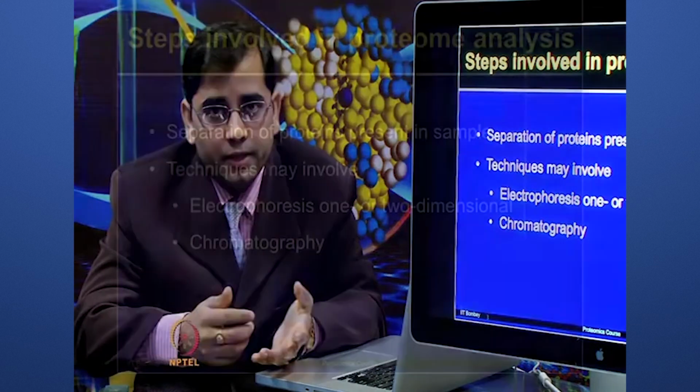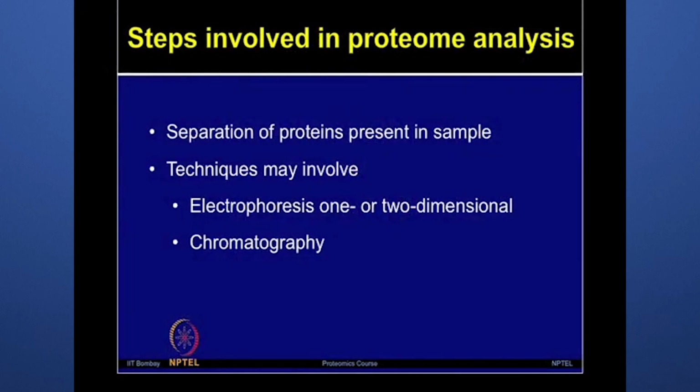One can also use different mass spectrometry based or microarray based technologies to study those proteins. During the course, you will come across all of these techniques, including mass spectrometry and microarrays. But let's focus on electrophoresis in this lecture.